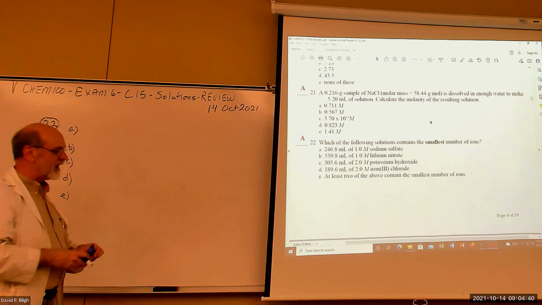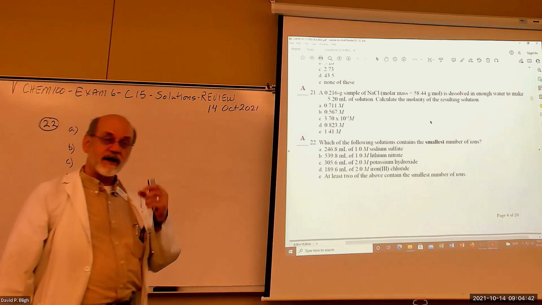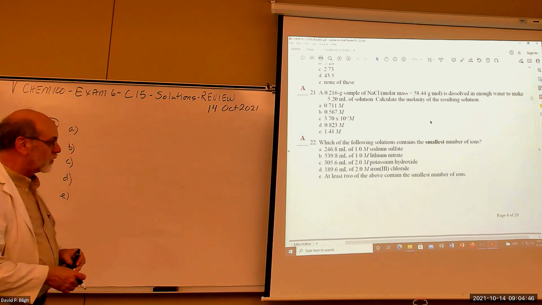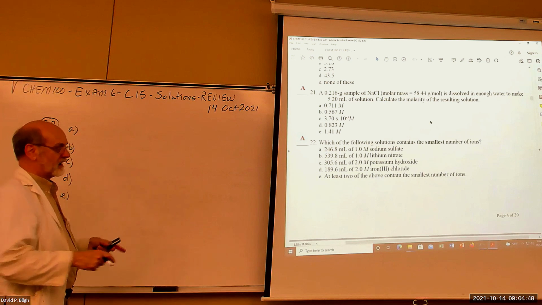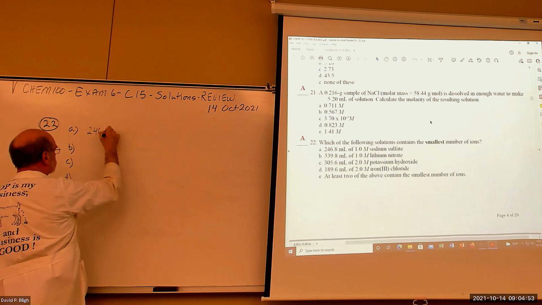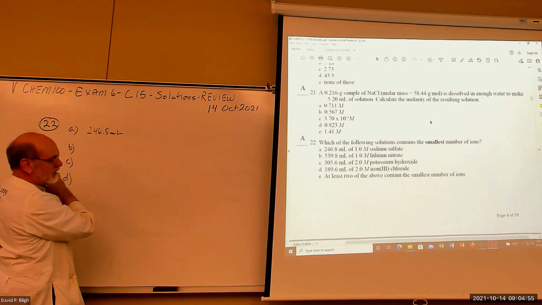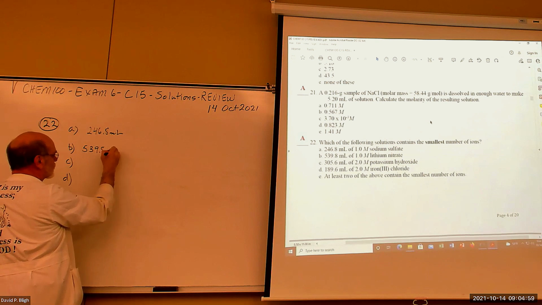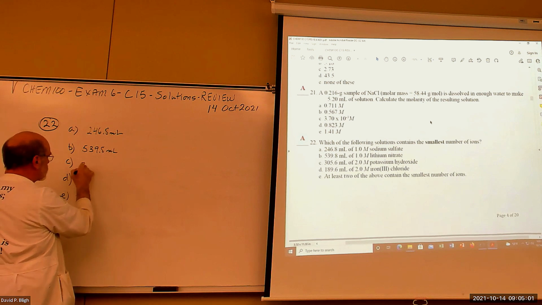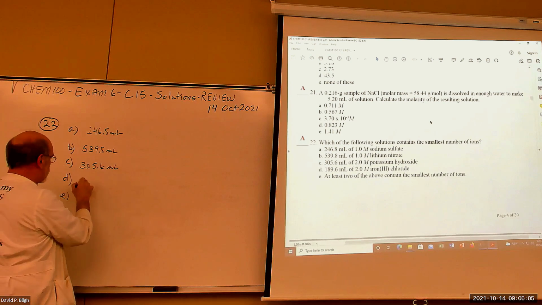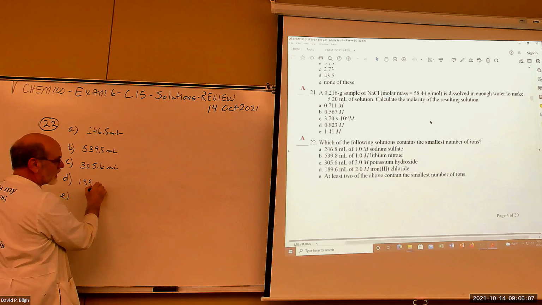How do we find the number of ions? First, we find the number of formula units. So we need a volume times molarity. 246.8 milliliters. 539.8 milliliters. 305.6 milliliters. And 189.6.